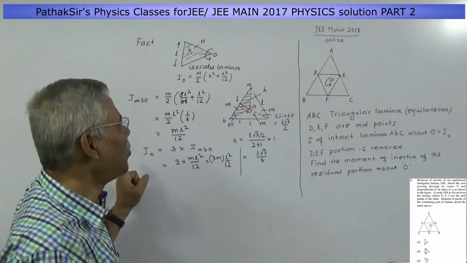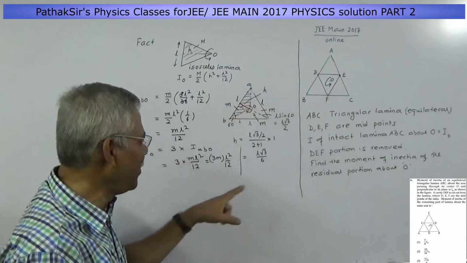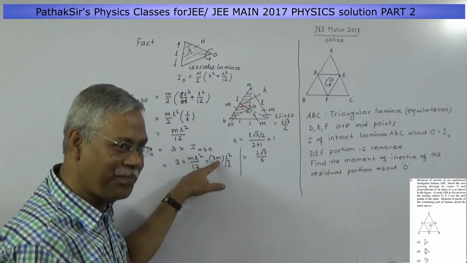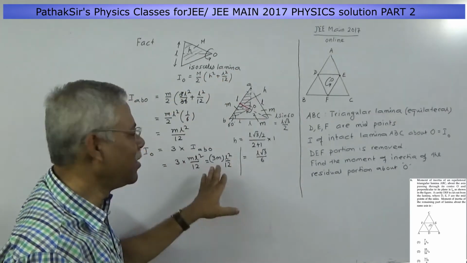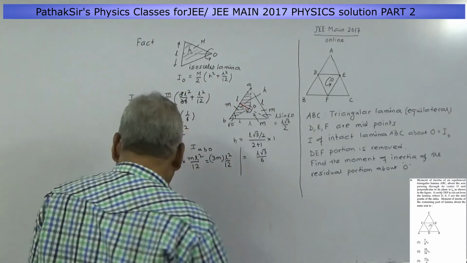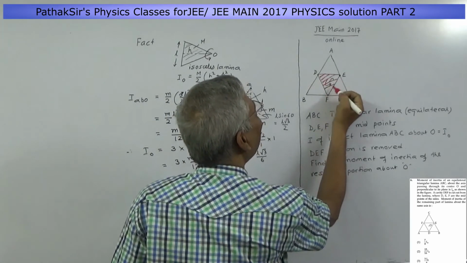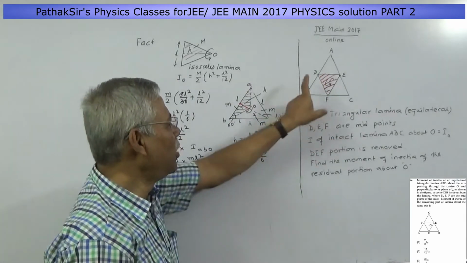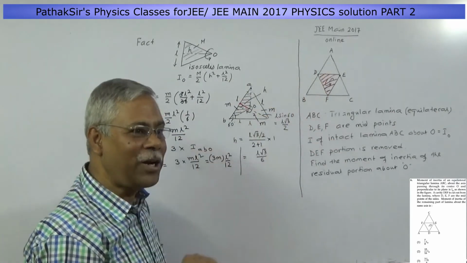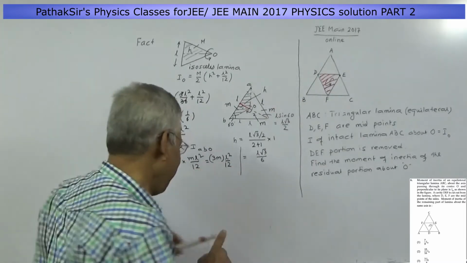So what is the moment of inertia of a triangular lamina about an axis through the centroid? Mass of the lamina 3m, mass of the lamina into length of one side whole square by 12. So what is the moment of inertia of this portion? Again I will use this formula, mass of this lamina into length of one side whole square by 12. It will save you a lot of calculation.